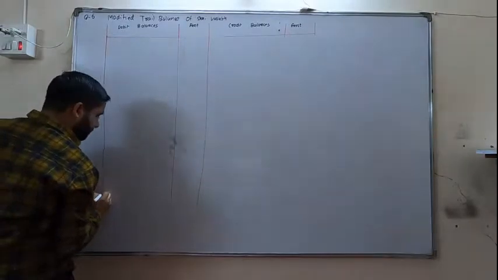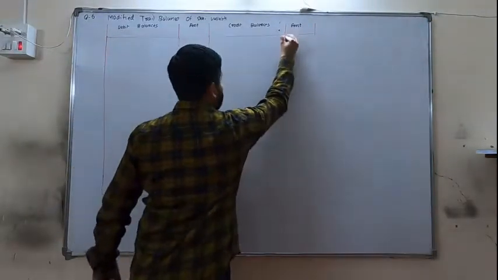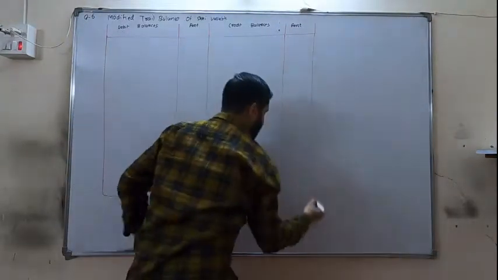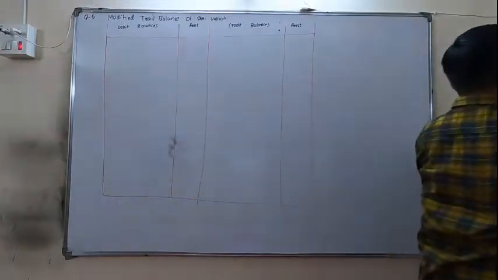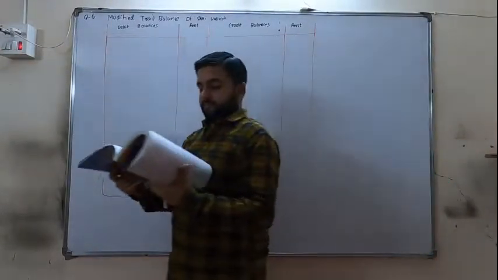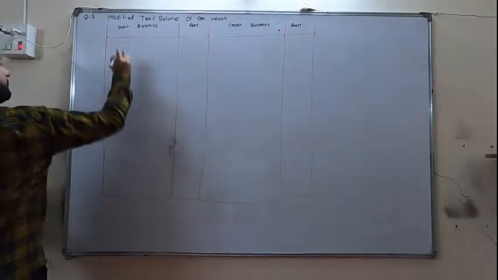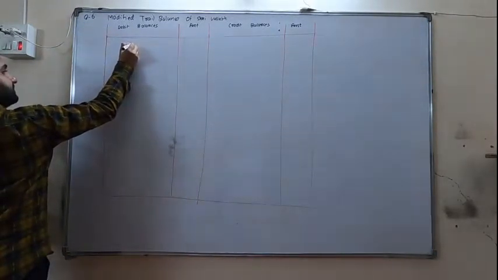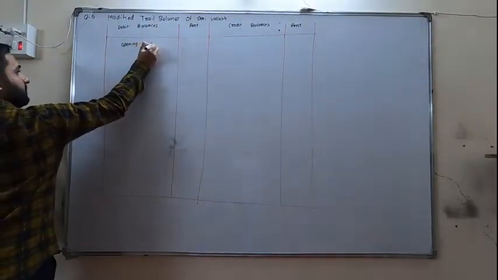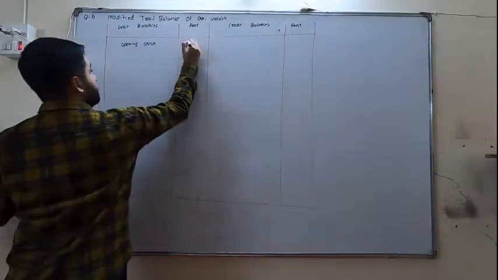And what is our work? To prepare the trial balance again to rectify that error. Okay. Opening stock will be on the debit side, 6,000.